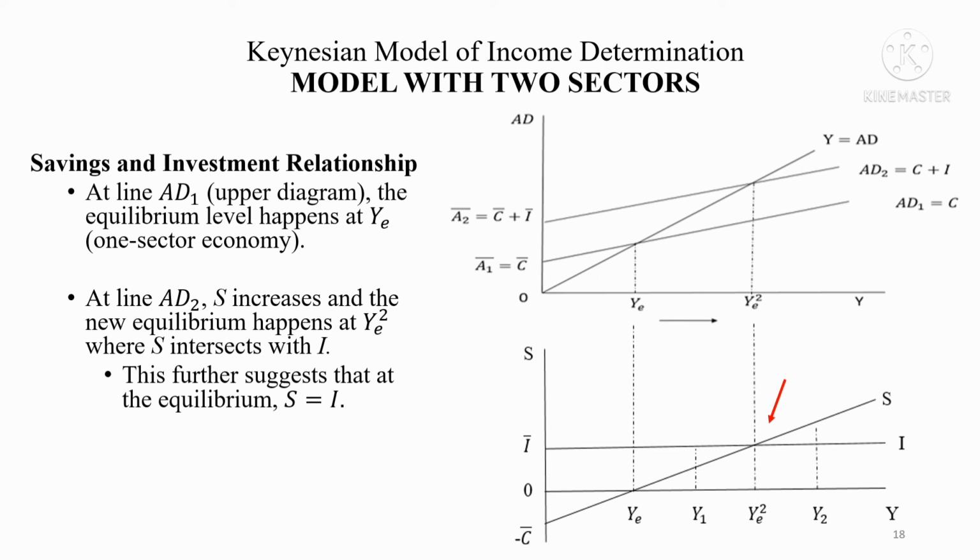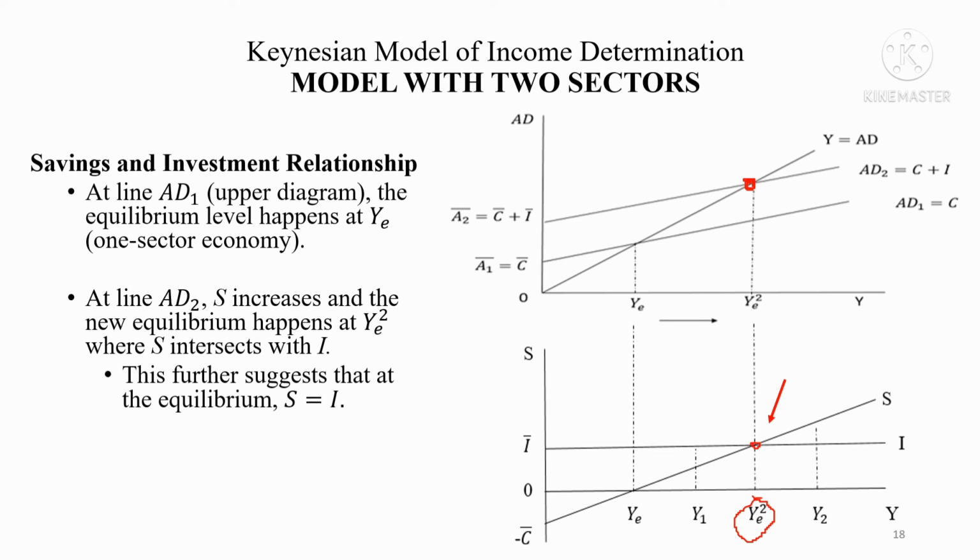In the lower diagram, the investment line is horizontal because again we assume that investment spending is fixed. And at the equilibrium level, or at YE2, the saving line crosses the investment line.